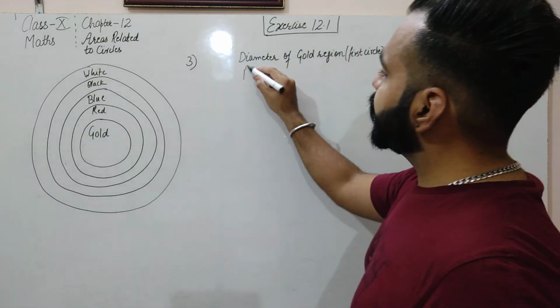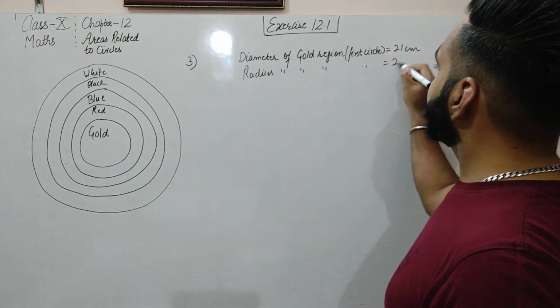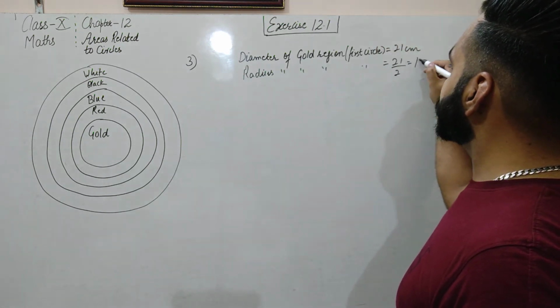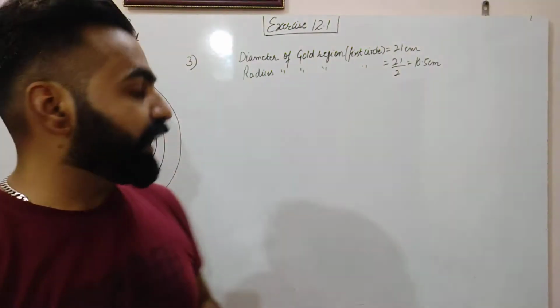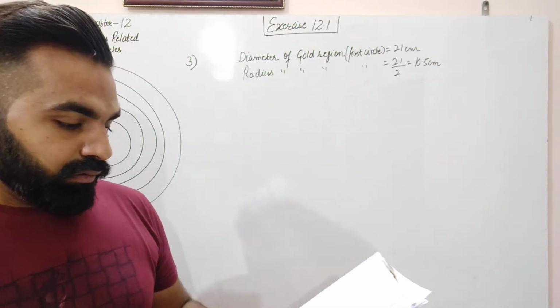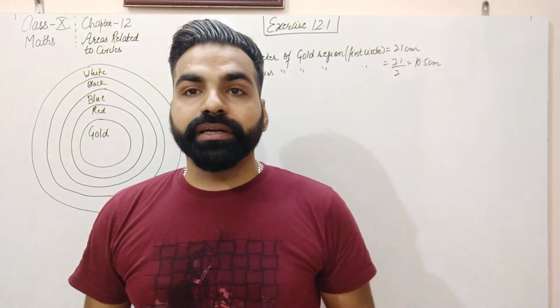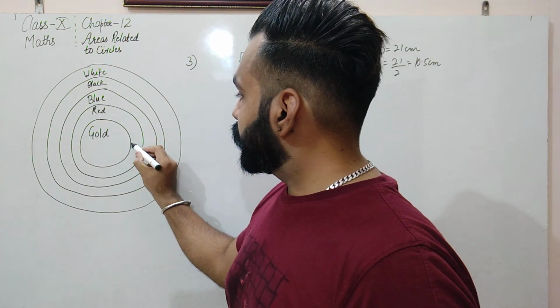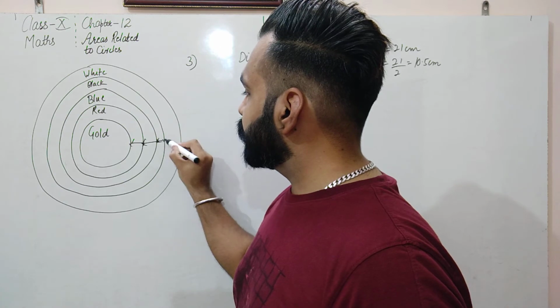So radius of gold region will be 21 by 2, that is 10.5 centimeter. Now it is given that each of the other bands is 10.5 centimeter wide. The width of each band here is 10.5.